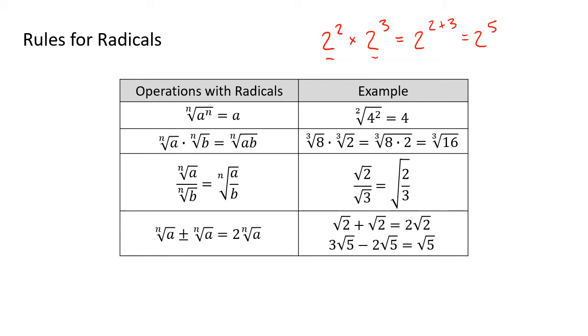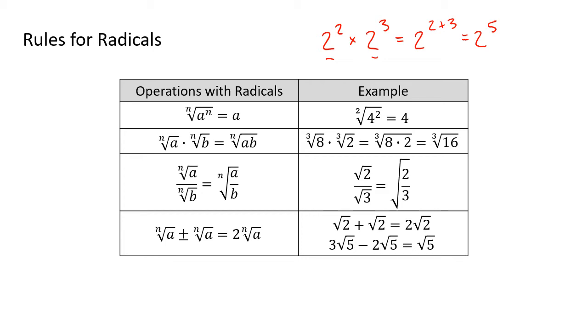A similar rule applies for radicals. The root has to be the same when you're multiplying, dividing, or adding or subtracting them. They have to be the same root, or you can't just add them together normally.